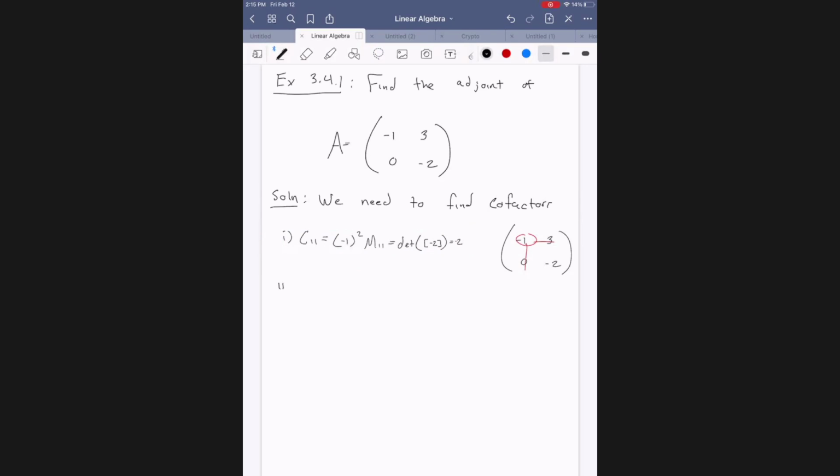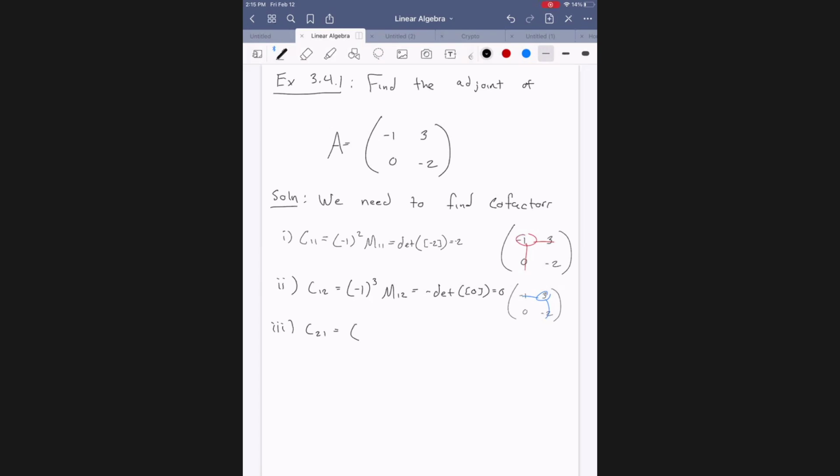Okay, so let's do the same thing for C12. This is (-1) to the third times M12. Let's get the minor for 2, so cross that out. It's just going to be negative the determinant of the matrix [0], which is just 0, right? Do the same thing for the other one.